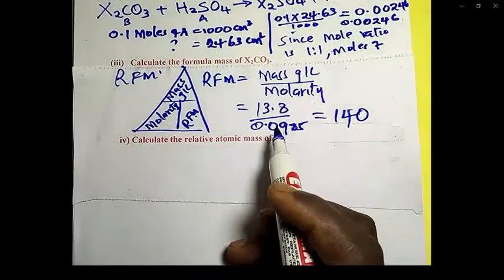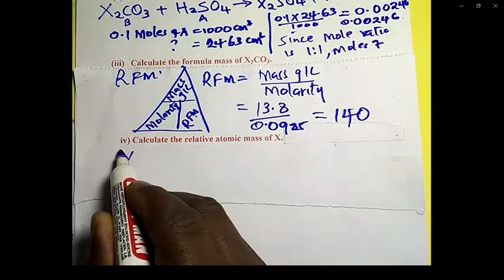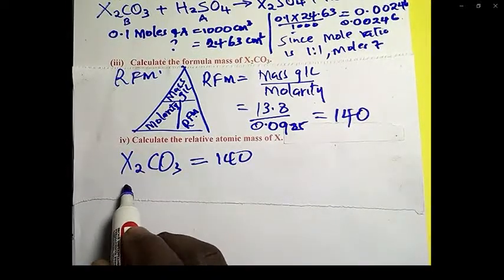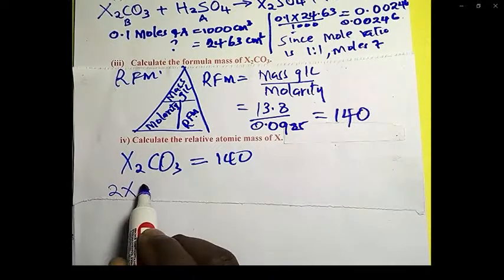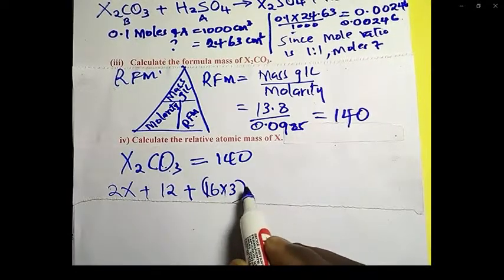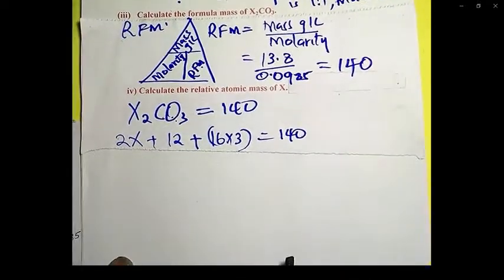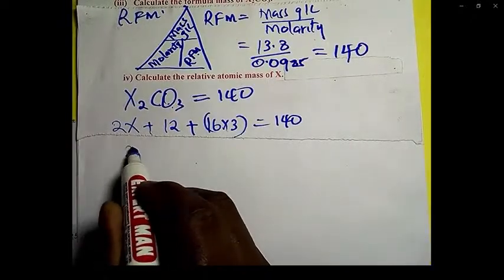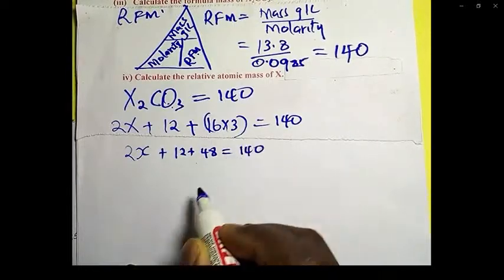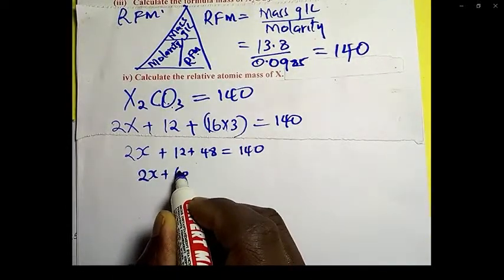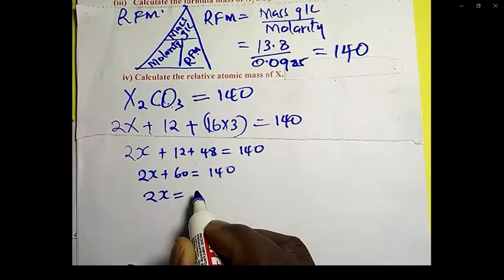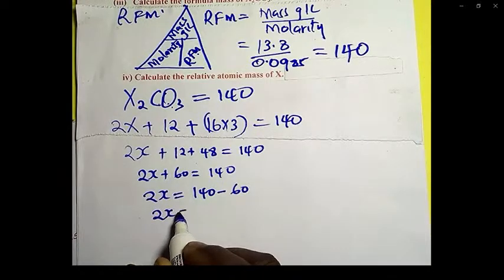Calculate the relative atomic mass of X. So we have X2CO3, which is equal to 140. But we know that these are 2X plus 12 plus oxygen times 3 of them will give us 140. 2X plus 12 plus 48 equal to 140. 2X plus 60 equal to 140. 2X equal to 140 minus 60. 2X equal to 80.